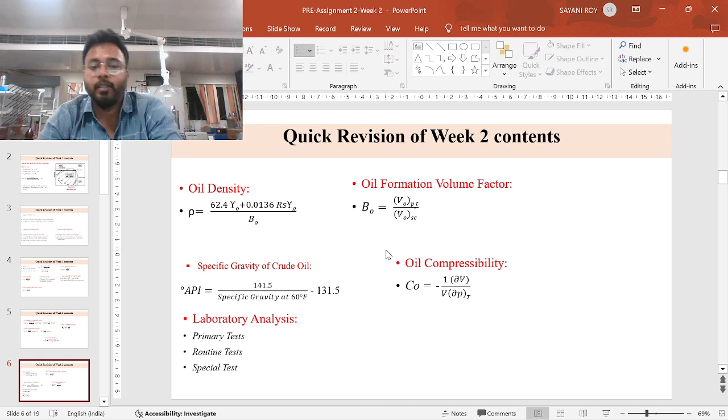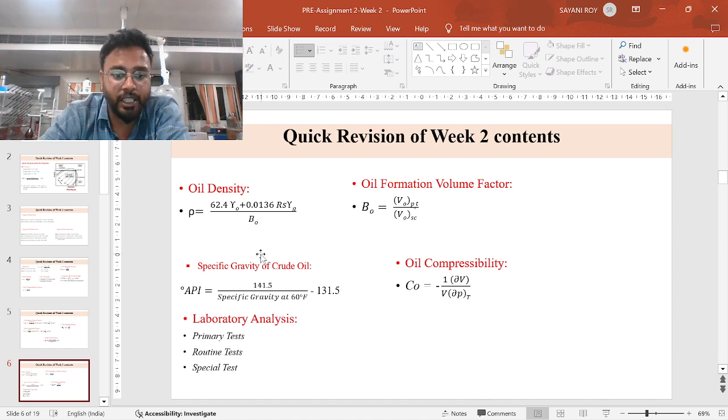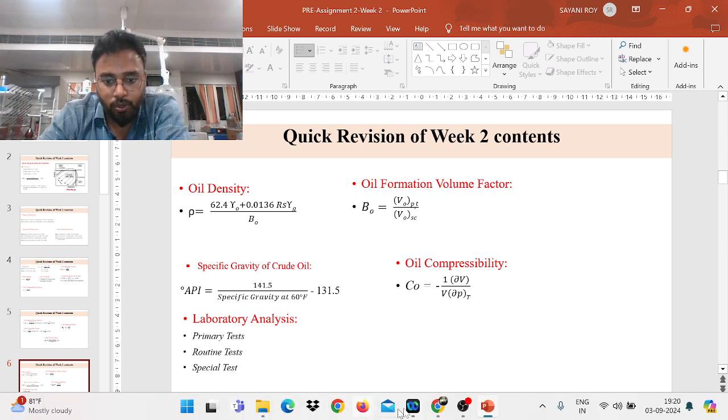And the laboratory tests that are performed for finding all these characteristics of natural gas and crude oil are some primary tests, then routine tests, then special tests. I won't go into the detail.